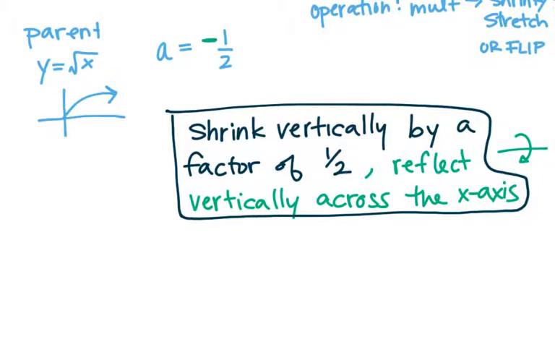So if you were to look at graphing this in comparison to the parent, so I'll regraph that parent here. Here's my parent graph. You would first see it shrink vertically, so it would be half as high, but then it would also reflect down and be below the x-axis.